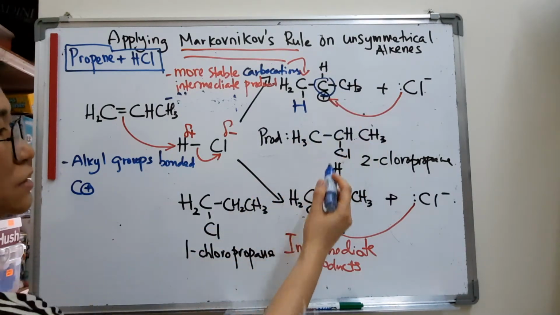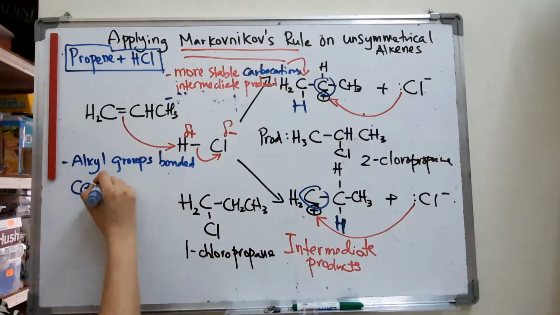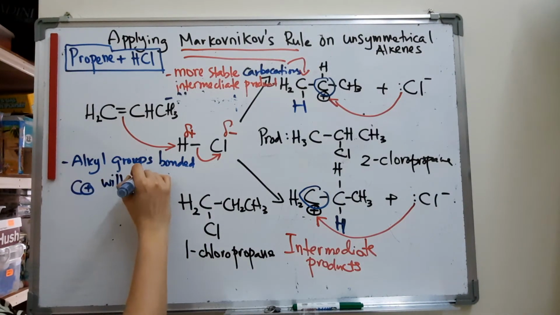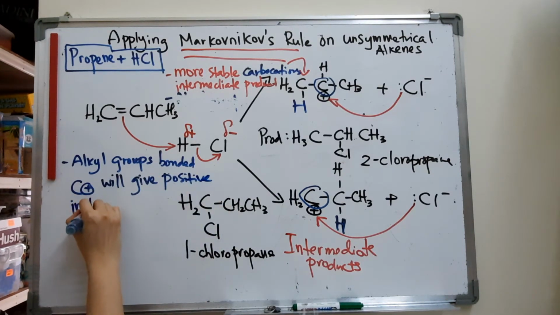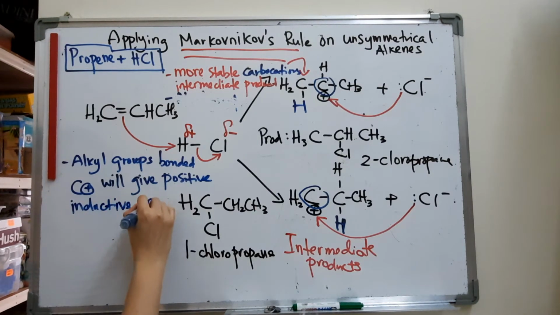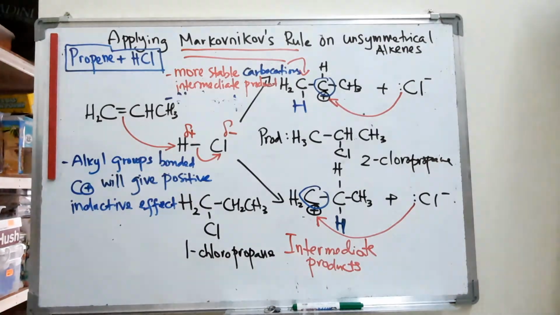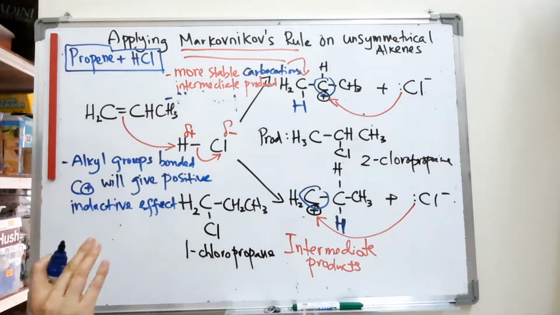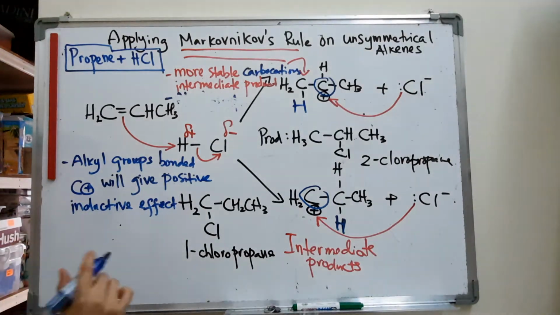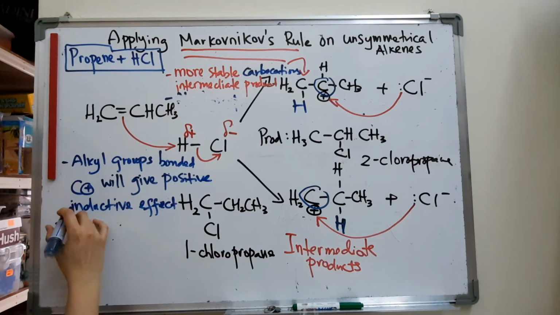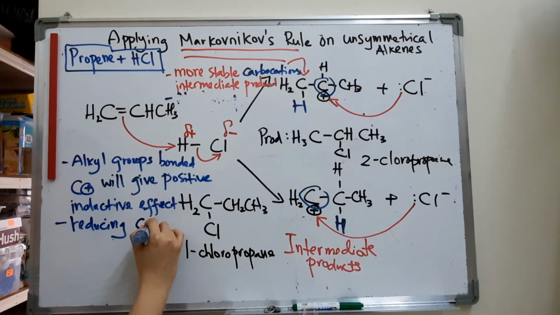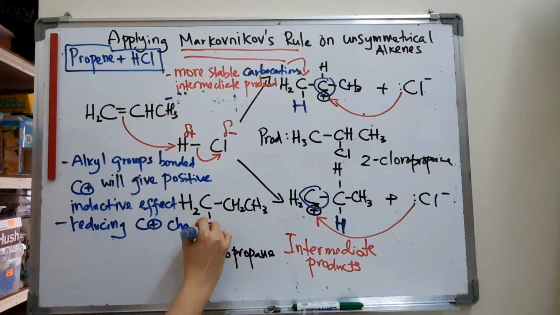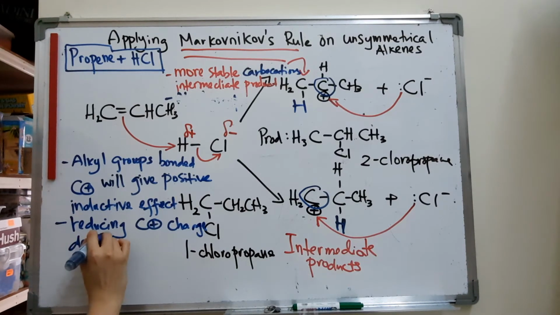All right, we are focusing on this C, okay, will give positive inductive effect. Or in other words, in my slide, it mentioned electron donating group. Okay, they tend to quote unquote push the electron towards the C+, thus reducing the C+ charge density, or in other words, making it less positive.